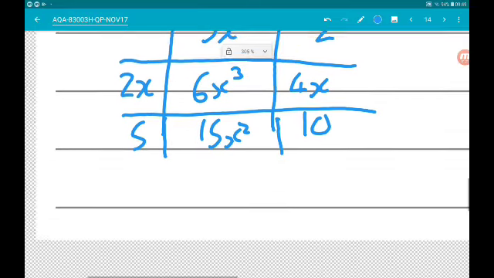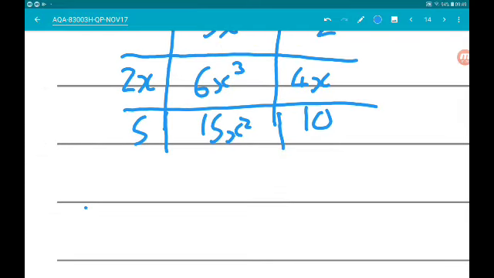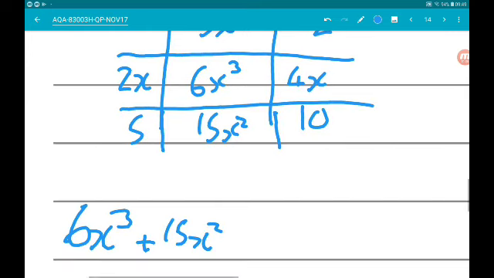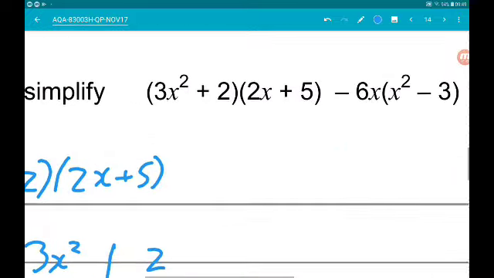So up to there we got 6x cubed. Add 15x squared, add 4x, add 10.